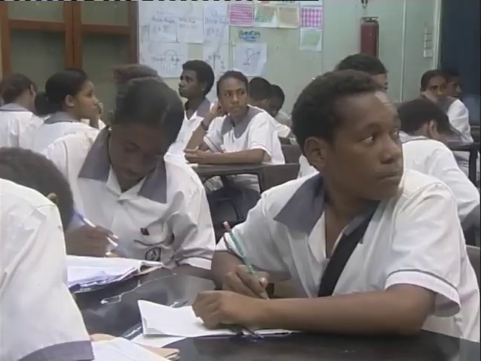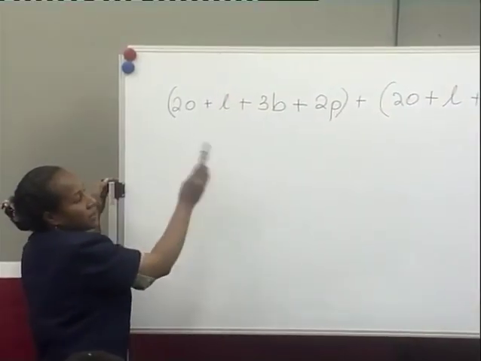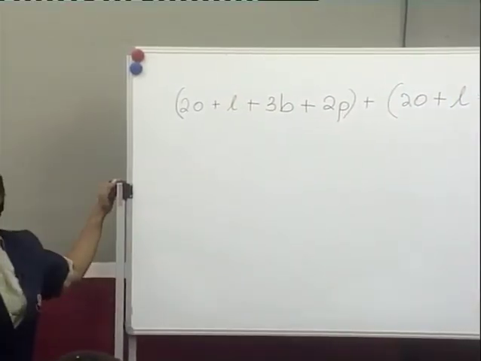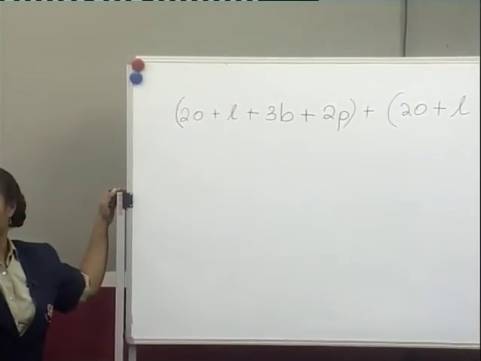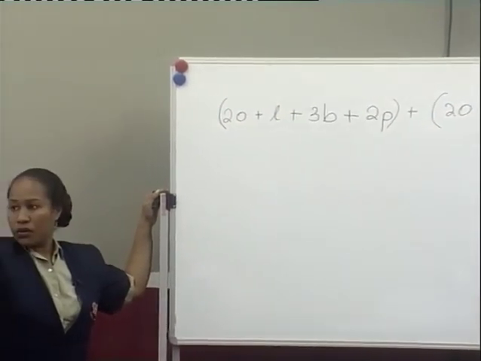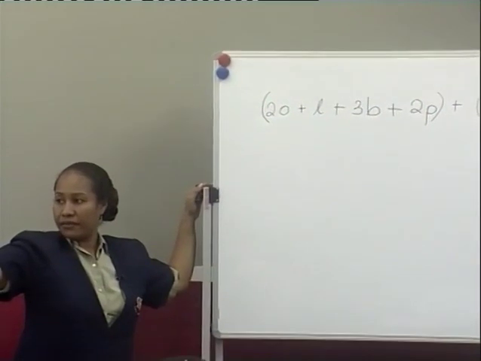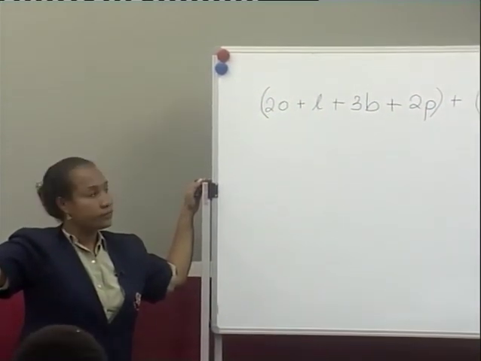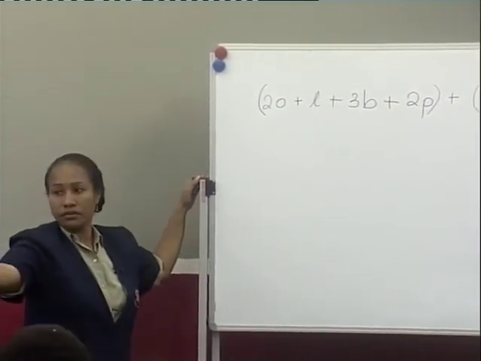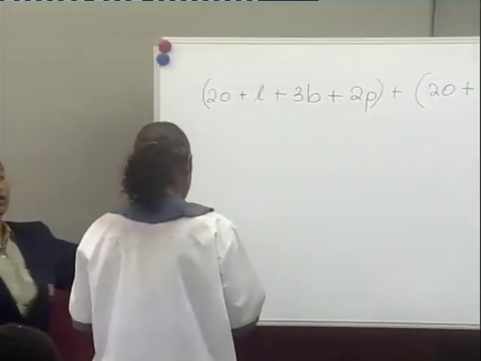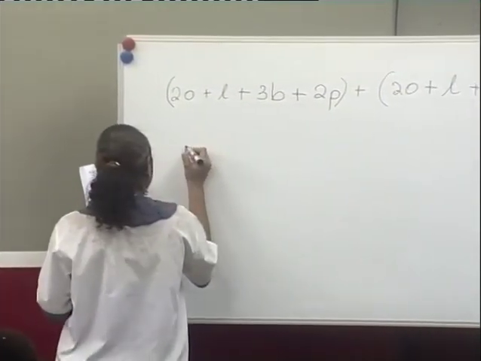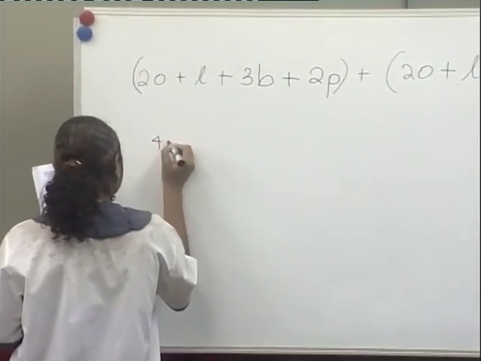You look at the first expression, the second expression, and put the terms together. Anyone wants to put the terms together? Thank you. Katrina? We are trying to find the total now. What is the total number of oranges, lemons?